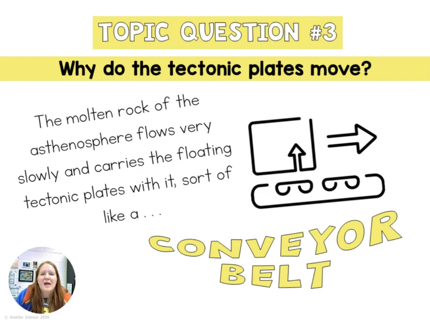As that water moves underneath the bath toys, the toys on top move with the water. It's the same process with your tectonic plates. As the asthenosphere moves underneath, okay, it causes the lithosphere on top to move just like the bath toys.